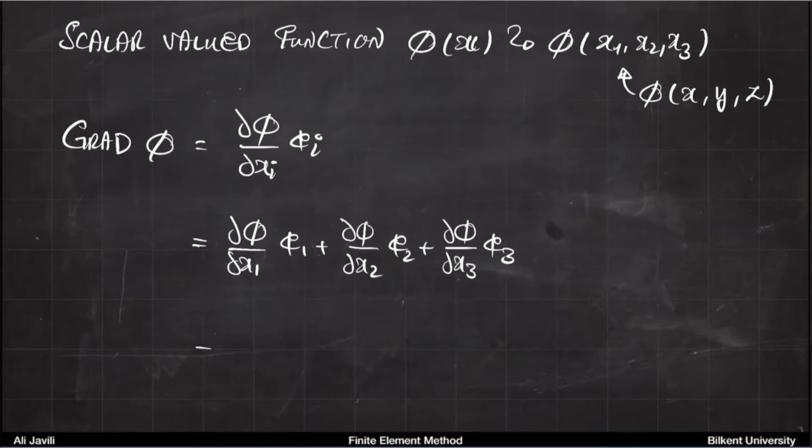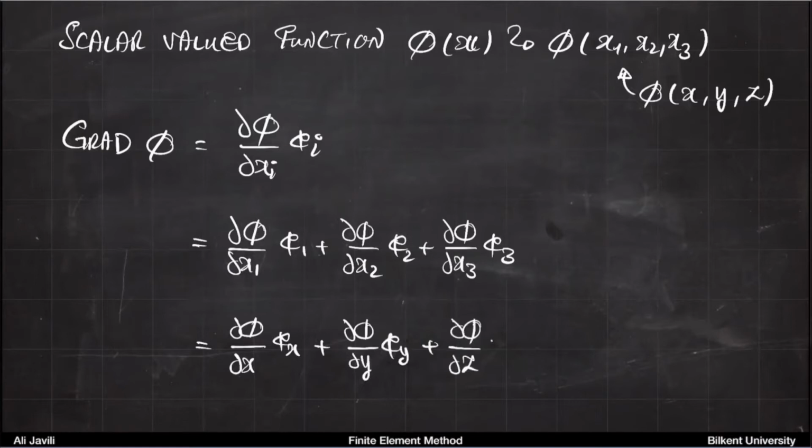In other words, if you wanted this in usual x, y, z Cartesian coordinates, it would be the derivative of phi with respect to x, ex, plus the derivative of phi with respect to y, ey, plus the derivative of phi with respect to z, ez.